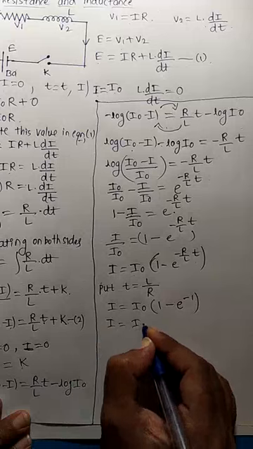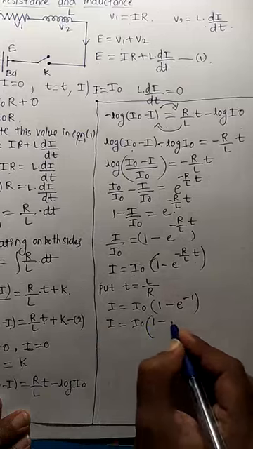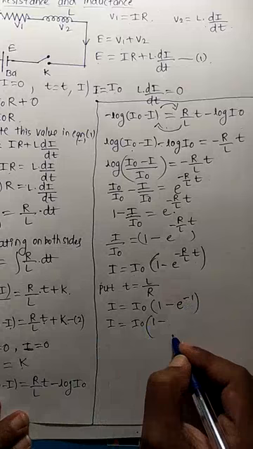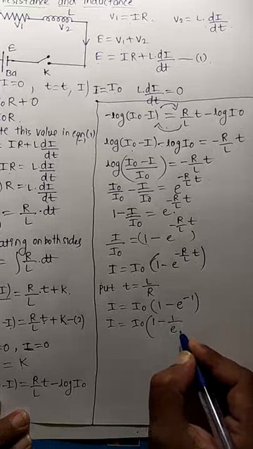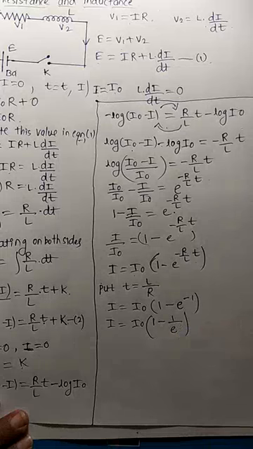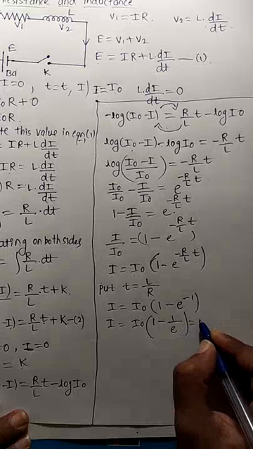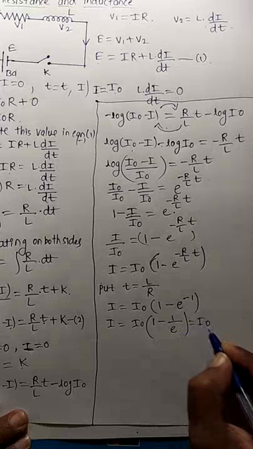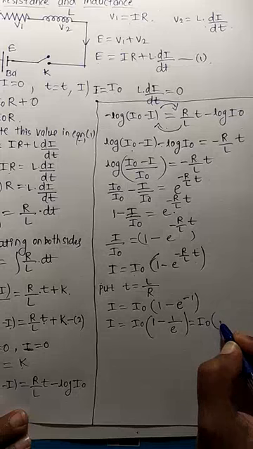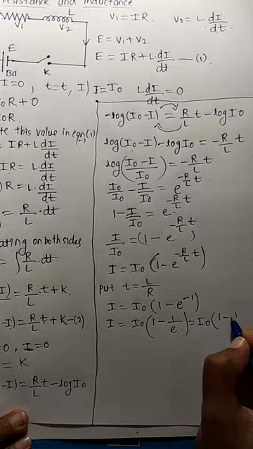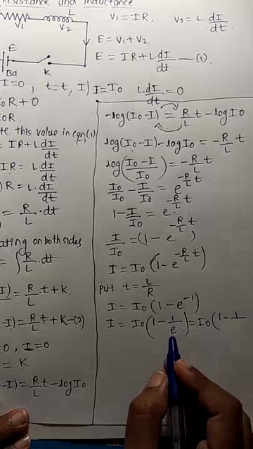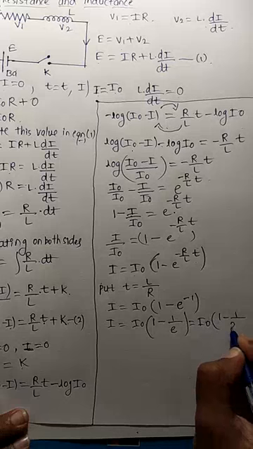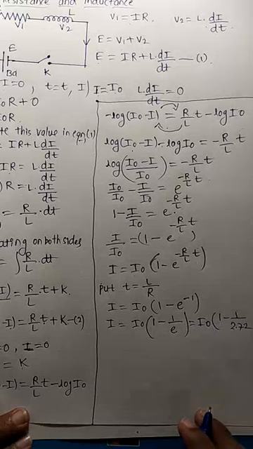Now solve this one. I is equal to I naught into the bracket 1 minus e raised to minus 1, which when it goes to the denominator becomes e raised to plus 1. So 1 divided by e. So which is equal to I naught into the bracket 1 minus 1 divided by e. We know the e value is equal to 2.72, isn't it?